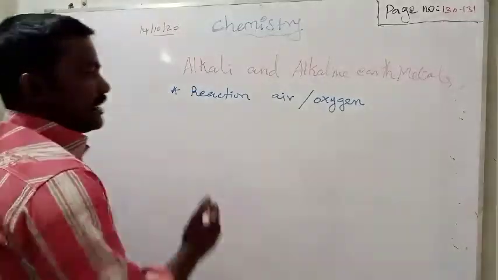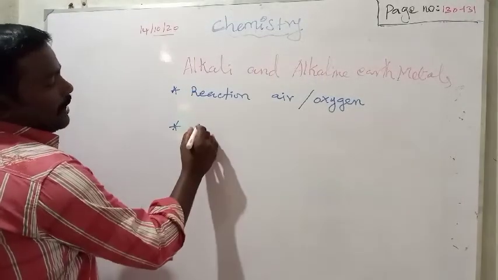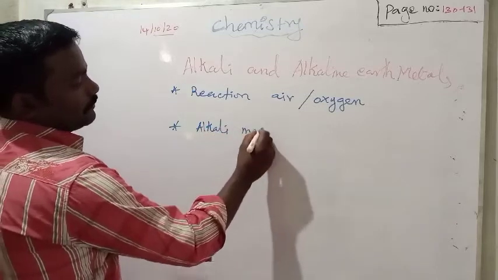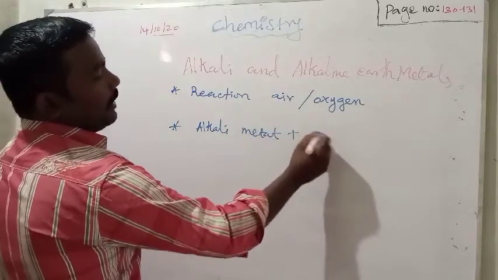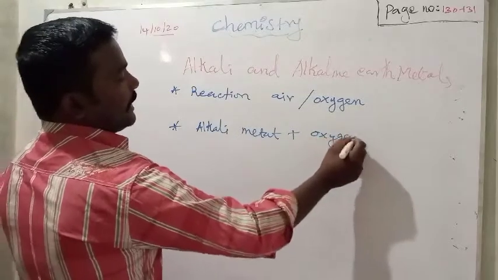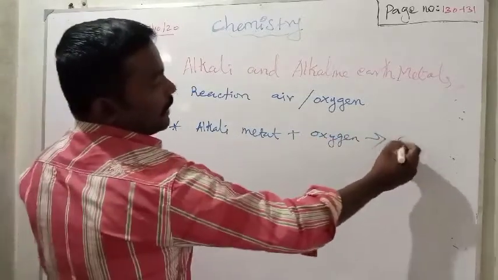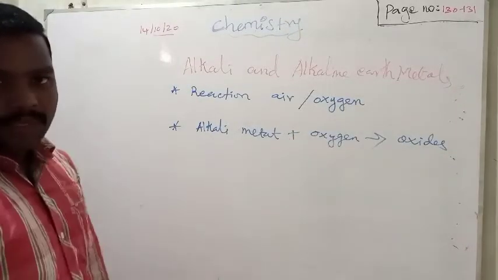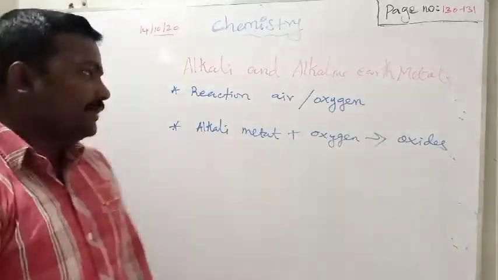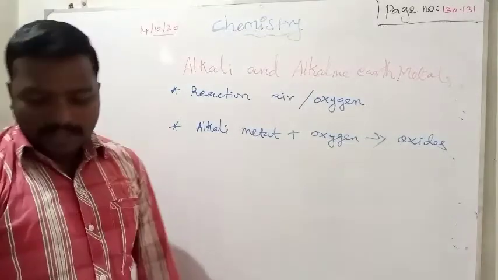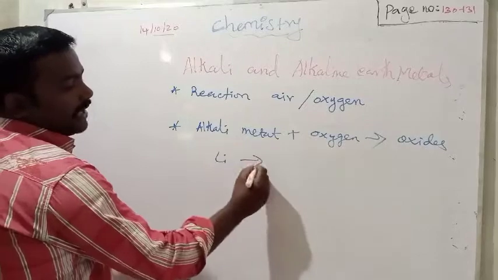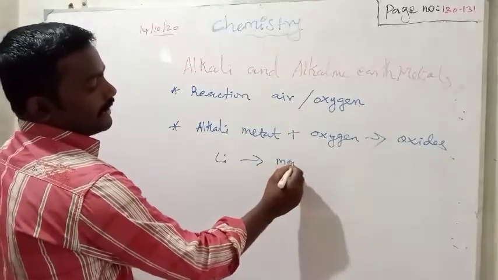The alkali metals react with oxygen or air, producing metal oxides. Usually they give different types of oxides. The first one, lithium, gives the normal monoxide.